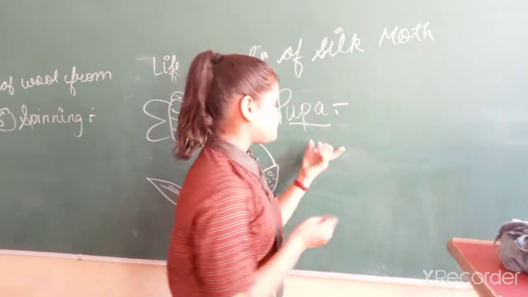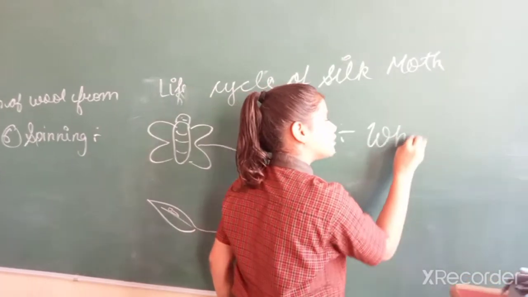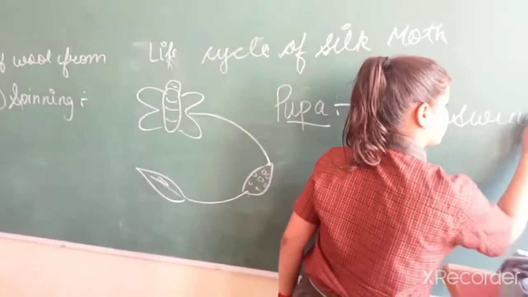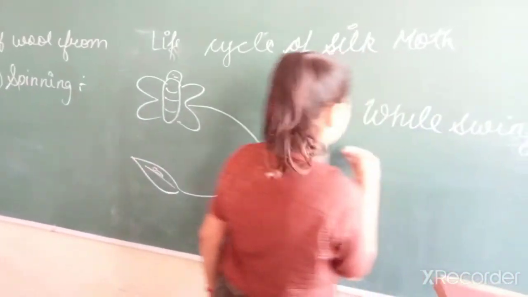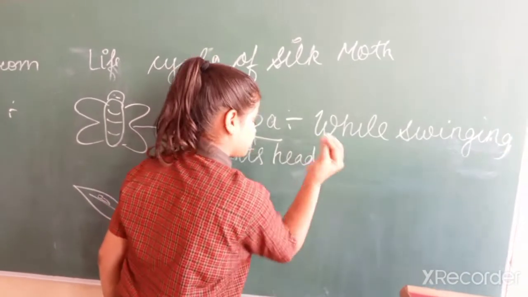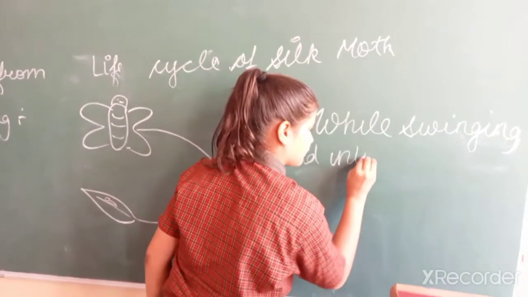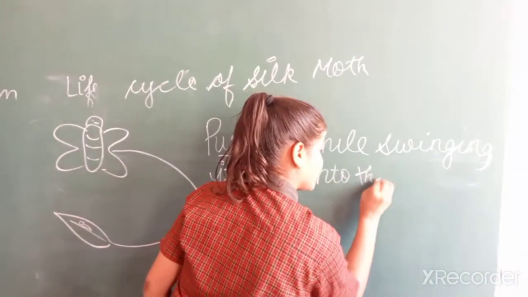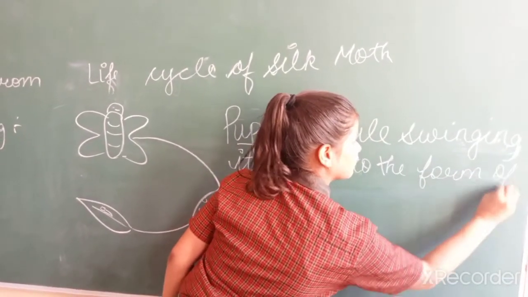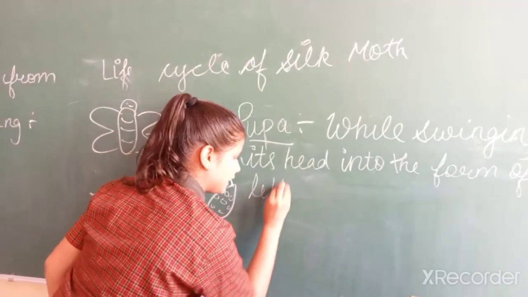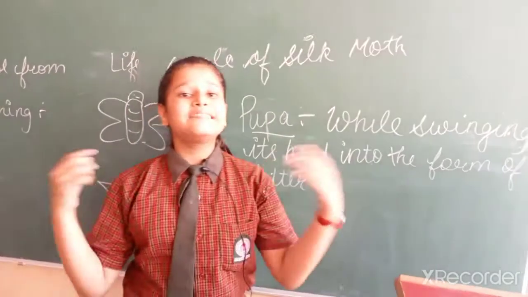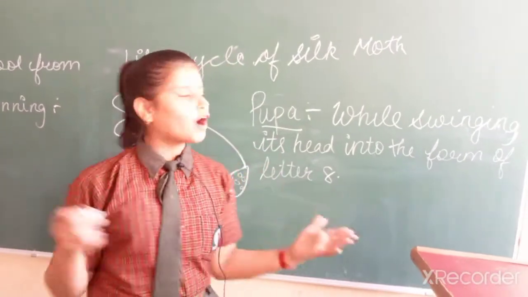Pupa is swinging its head into the form of letter A. Pupa will release a wet sticky substance that contains proteins.